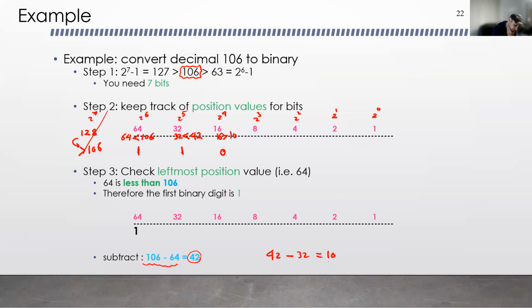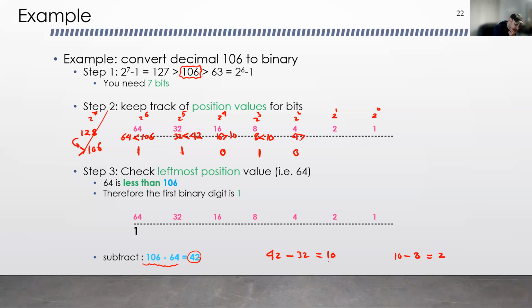Good. And we continue the comparison. So 8 is less than 10, so you're going to put 1 and subtract. 10 minus 8 is 2. 2 is less than 4, so we're going to put 0 here.